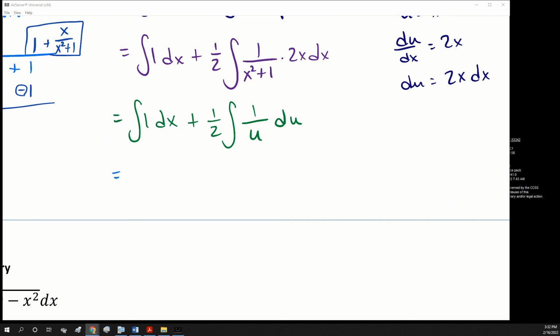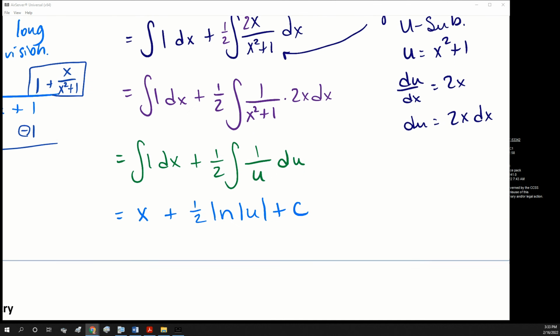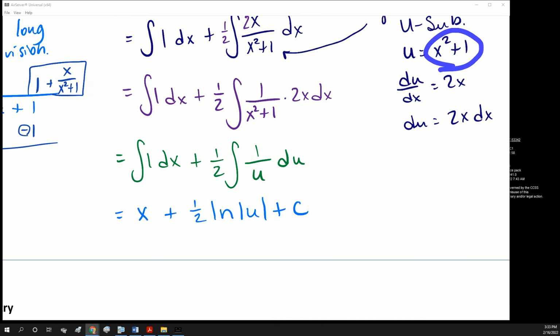So the integral of 1 dx is going to be x. And that 1/2 is going to hang out. And then the integral of 1 over u is going to be the natural log of the absolute value of u plus c. All right, and then I'm going to stick in what u is.